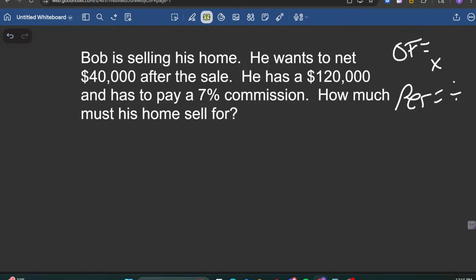Okay, so this is what we would refer to as a seller net problem. Now, students traditionally have a really hard time with this particular question. I'll tell you where a lot of students go wrong, because there's one place that almost every student traditionally has a problem with.